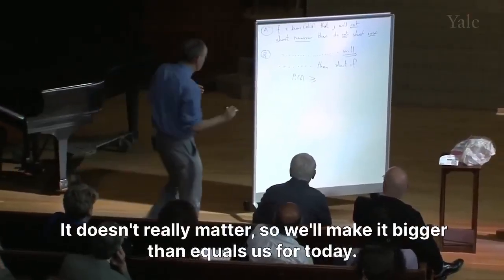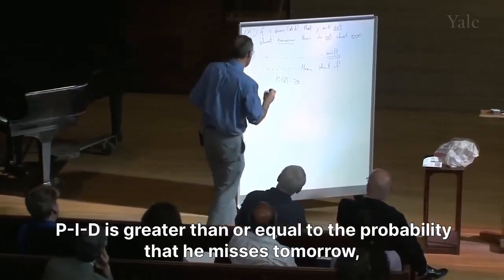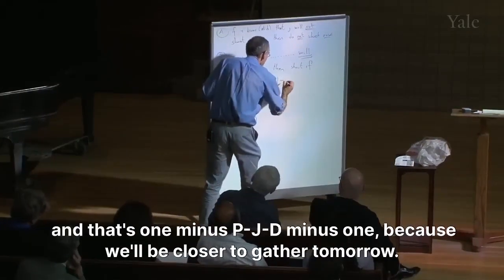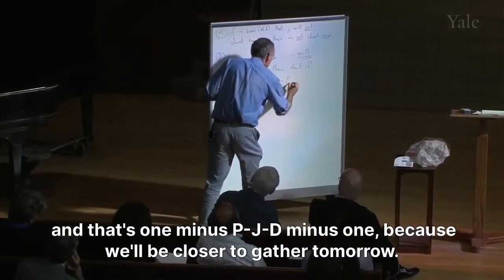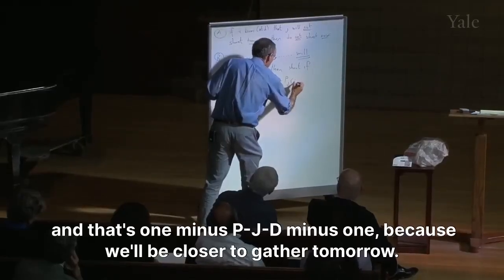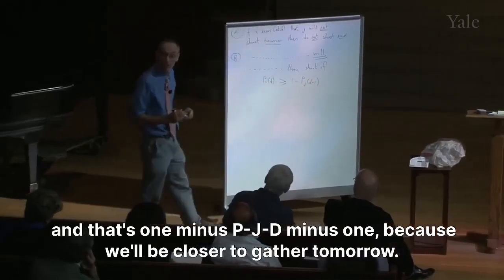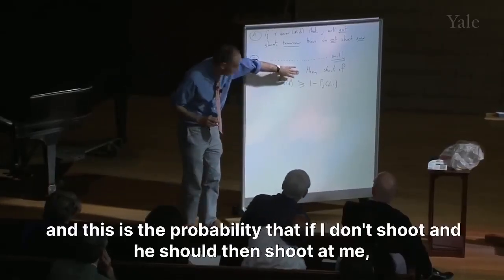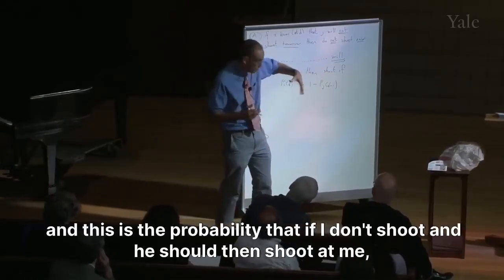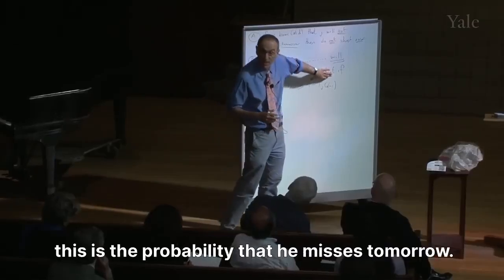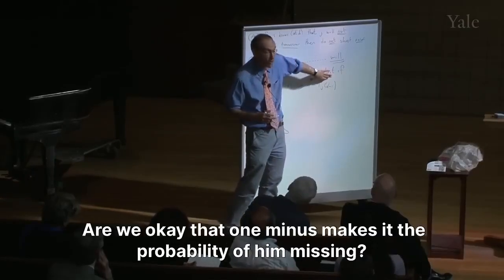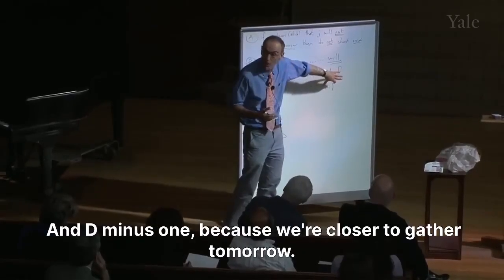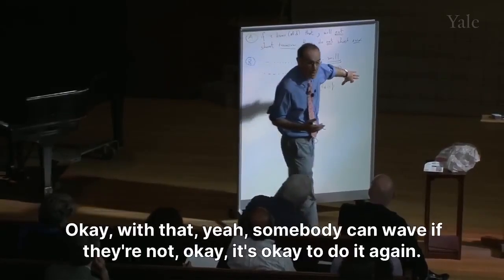PI of D is greater than or equal to the probability that he misses tomorrow, and that's 1 minus PJ of D minus 1, because we'll be closer together tomorrow. So this is the probability that I hit today if I shoot. And this is the probability that if I wait, if I don't shoot, and he then shoots at me, he misses tomorrow. Everyone okay that 1 minus makes it the probability of him missing, and D minus 1 because we're closer together tomorrow? All right, everyone okay with that?